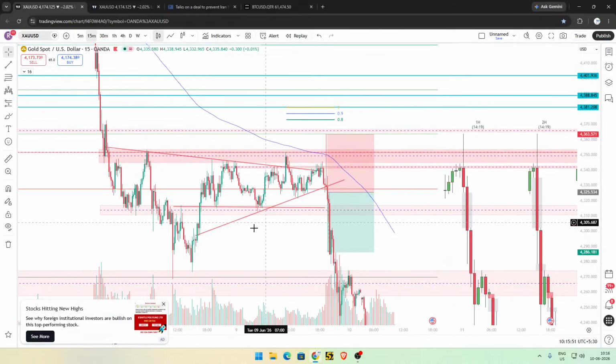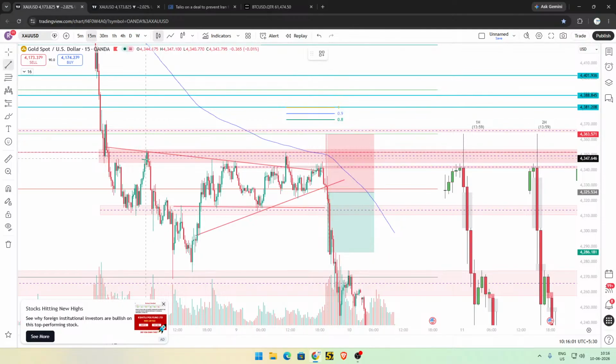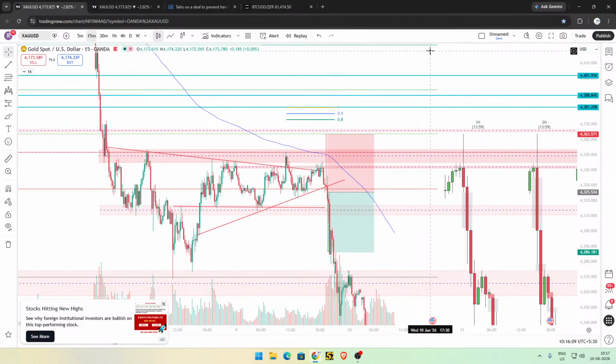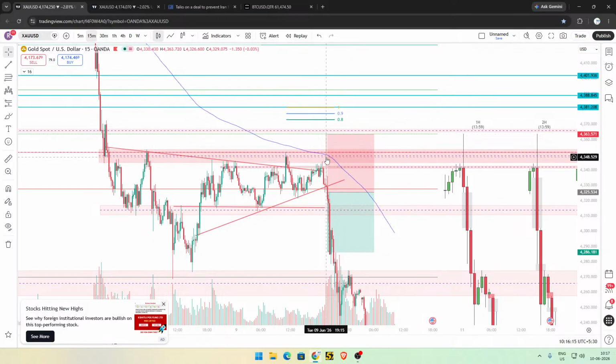And another thing is, this was not a proper setup. See, it was Fibonacci. Chart pattern was not there. Proper pattern was not there. Only candlestick, means here number one is liquidity.